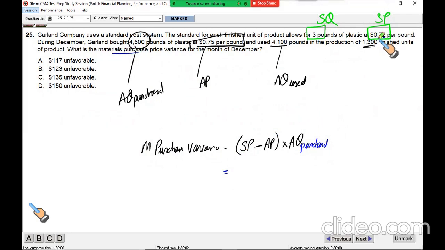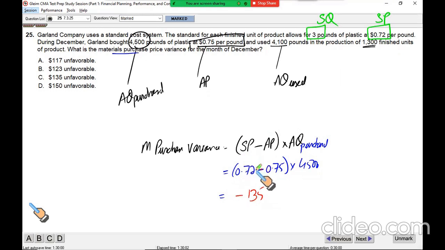Our standard price is 0.72. The actual price we paid was 0.75. Multiply by the actual quantity purchased, which is 4,500. So when I solve, I will get a negative number: 0.72 minus 0.75 multiplied by 4,500 gives me a negative 135.